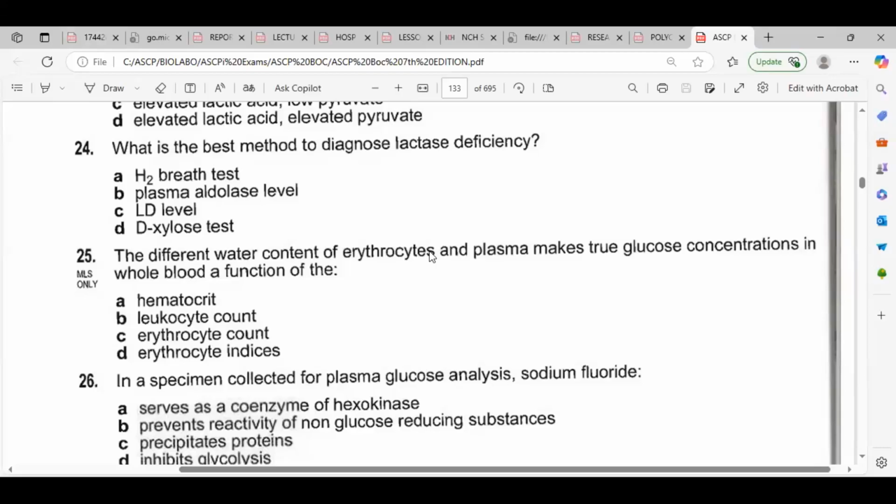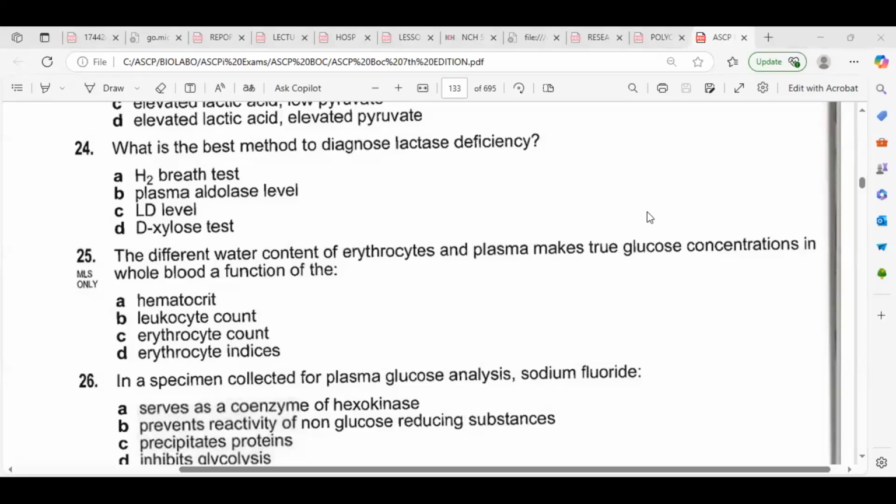So the small amount of RBC in whole blood will contribute to reduced levels of glucose in whole blood compared to the levels in serum, for example.